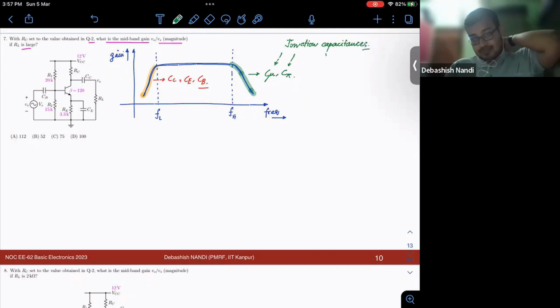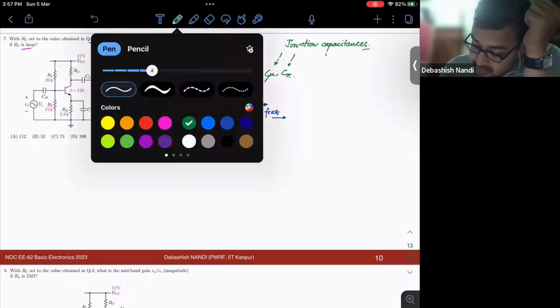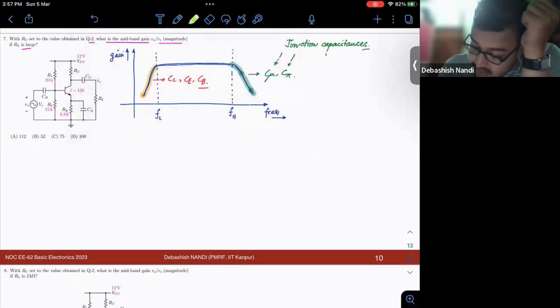And in the mid region, capacitances do not play any role.